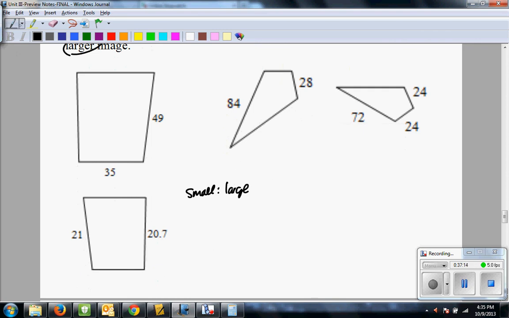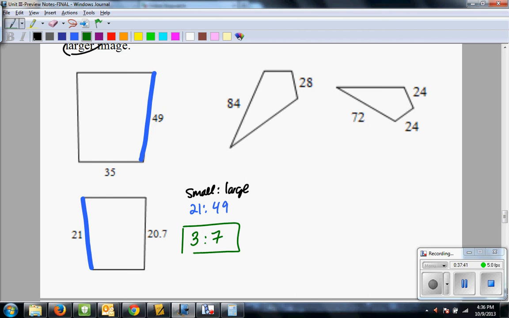The only thing you have to watch out for is to make sure you actually match the size. So this 21 here matches to the 49. So we're going small to large, 21 to 49. I see 7 goes in both, so 7 goes in here 3 times, 7 goes in here 7 times. So my scale factor for the first one was 3 to 7.